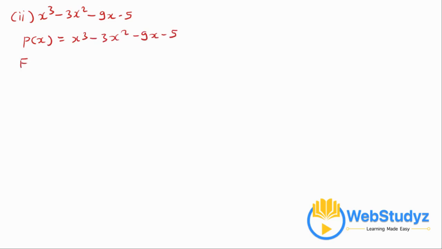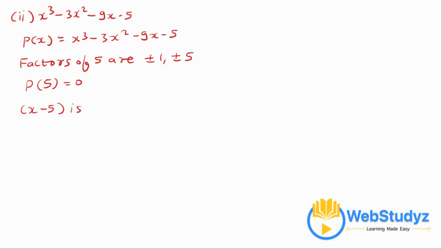Now we know that the factors of 5 are plus minus 1 and plus minus 5. Now by the trial method we found out that p(5) should be equal to 0. That means x minus 5 is a factor of p(x).